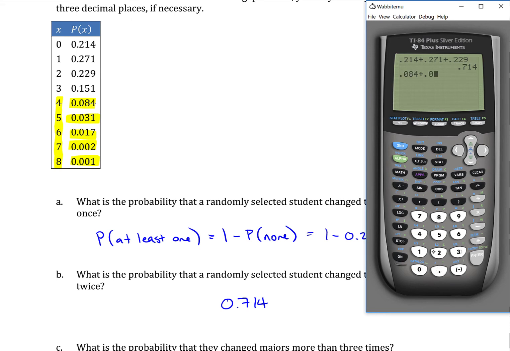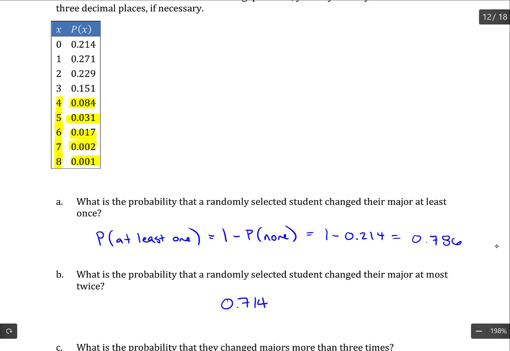So in this case, we could take 0.084 plus 0.031 plus 0.017 plus 0.002 plus 0.001, which gives us a probability of 0.135.